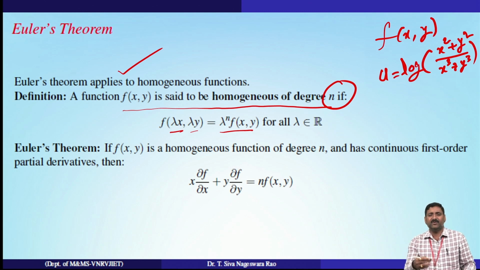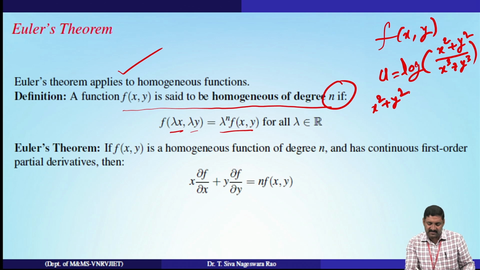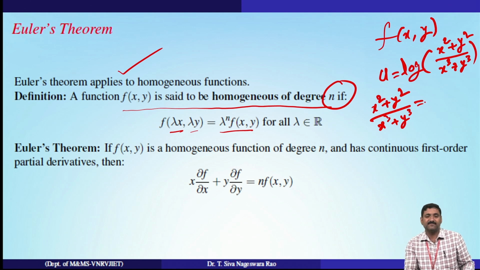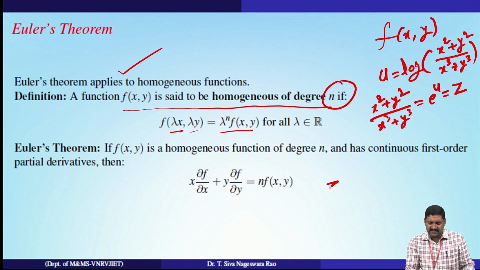So, we will make it homogeneous by taking x square plus y square divided by x cube plus y cube is equal to e power u. I will take this e power u as z. So I will rewrite it as z of x comma y is equal to x square plus y square divided by x cube plus y cube.